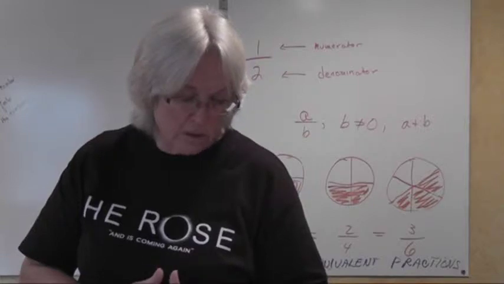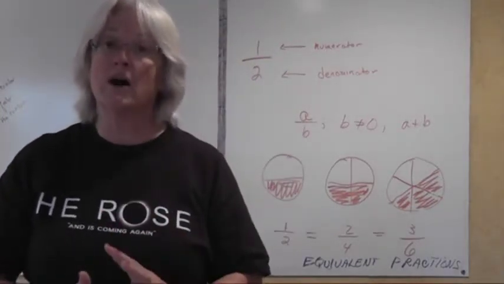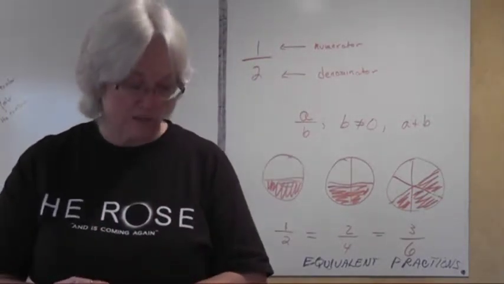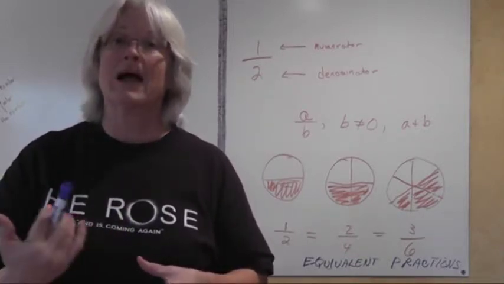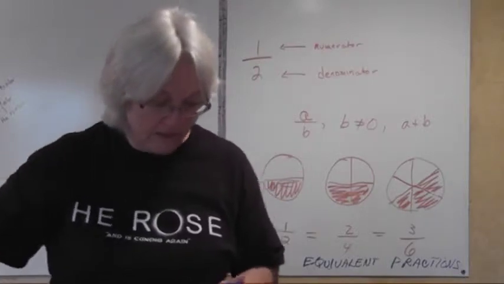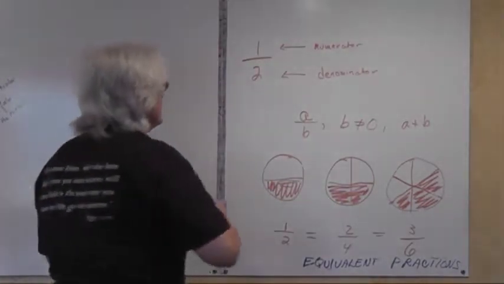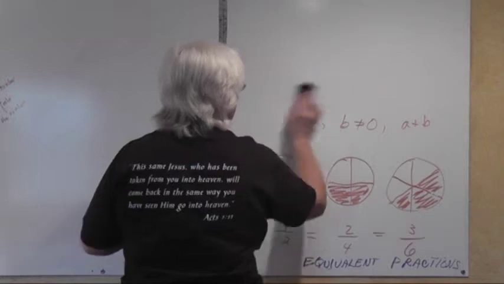And what you will learn, what you'll remember, is the way that you find equivalent fractions is by multiplying or dividing the numerator and the denominator by the same number. So let's go ahead and look at some examples here.